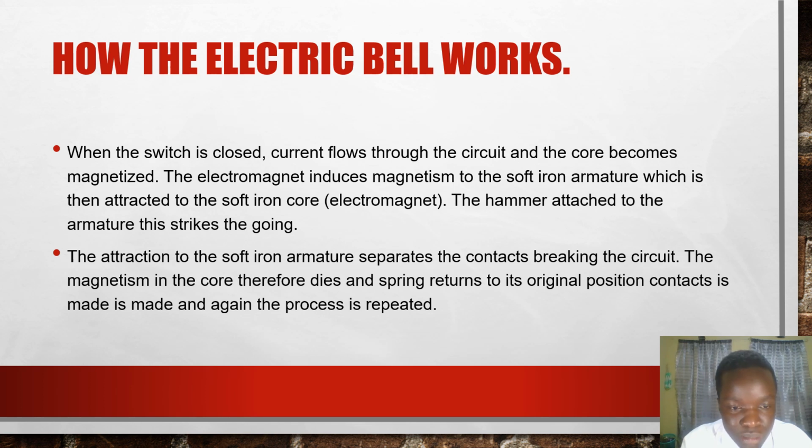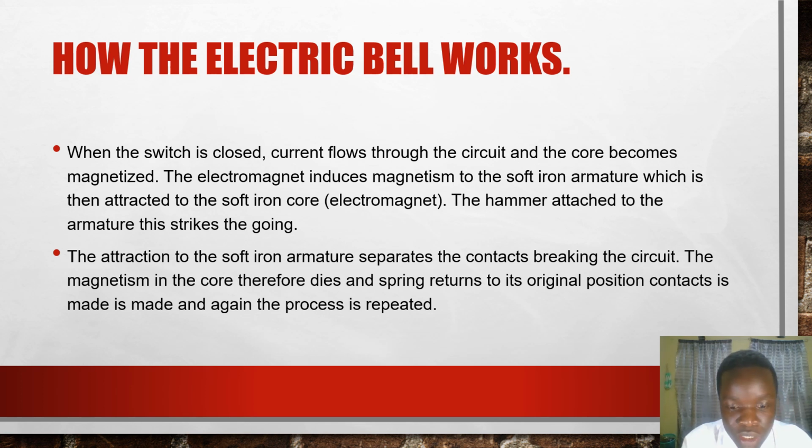Contact is made again and the process is repeated. The attraction of the soft armature separates the contacts, and when you separate the contacts, the current breaks. The electromagnet is magnetized only while current flows.